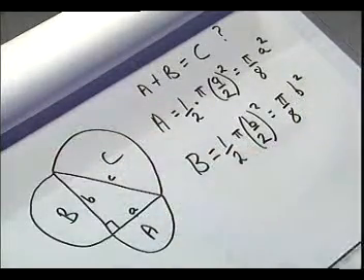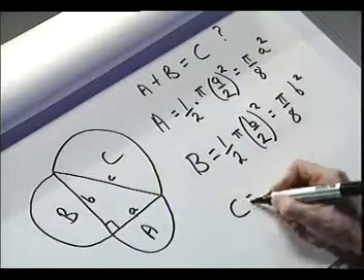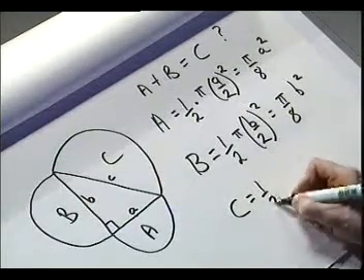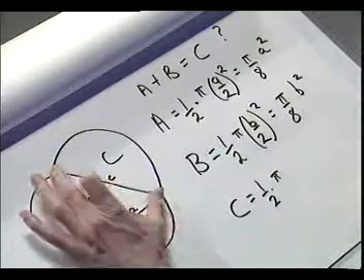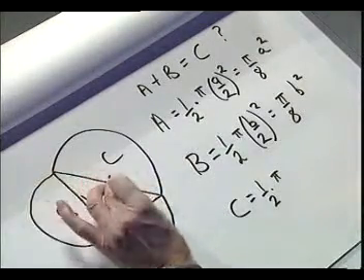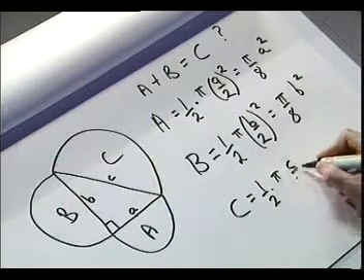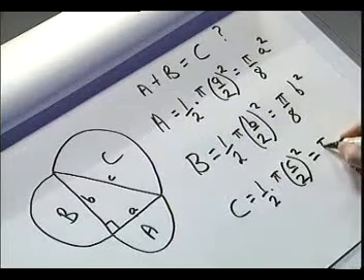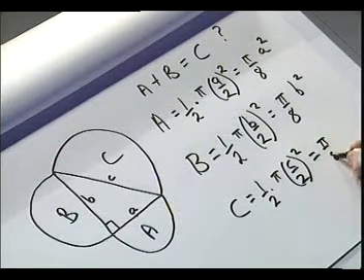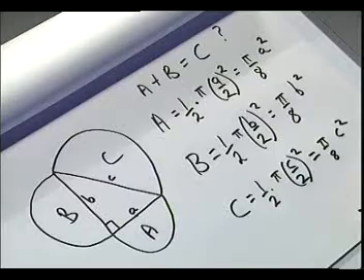This one, same again, c equals a half pi r squared, and r is a half the diameter, a half of c over 2, all squared, and so that's pi over 8 c squared.